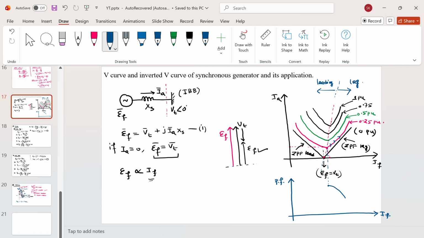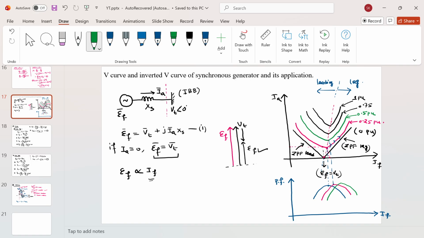And the same will happen at the left side also, it will be leading in nature. And this is for, let's say, 0.5 active power delivery, and this will be for 0.05 per unit active power delivery. So this is how your V and inverted V curve will look.